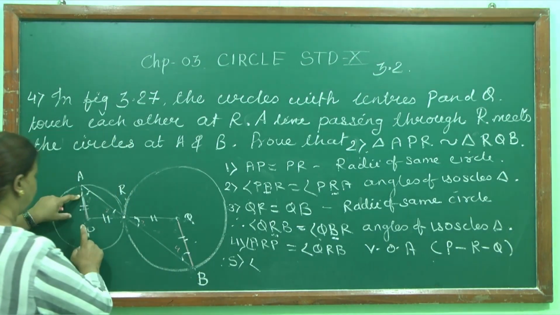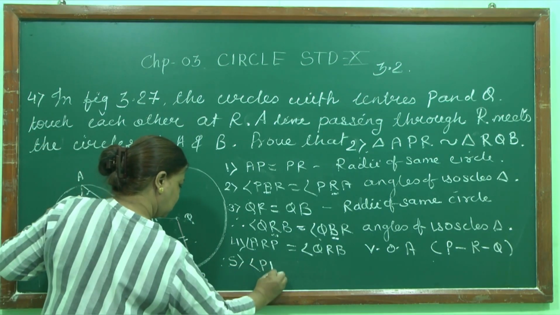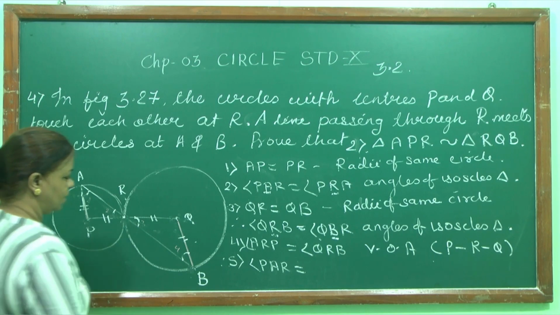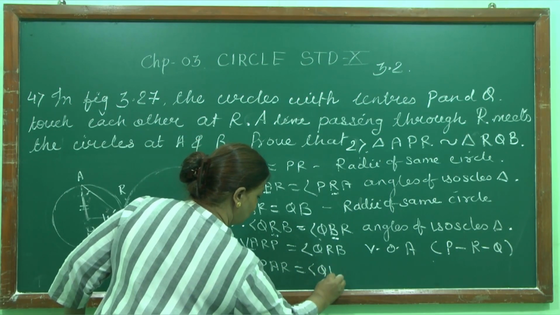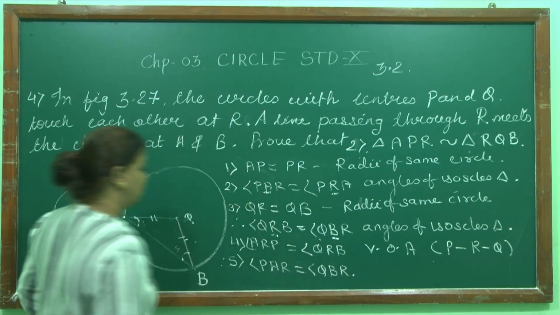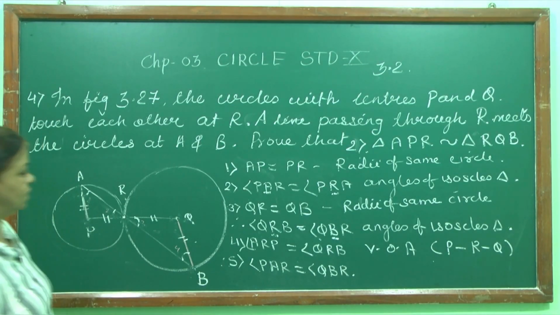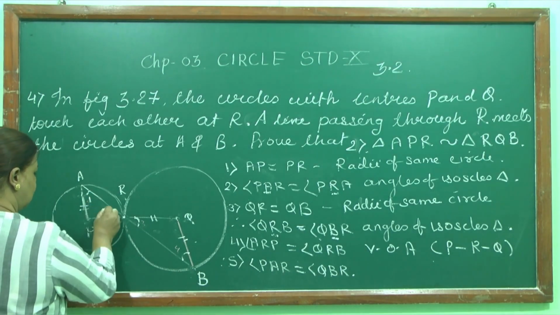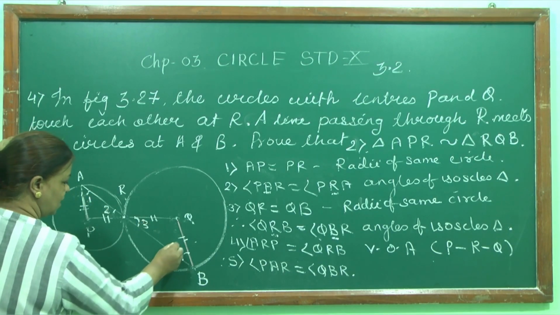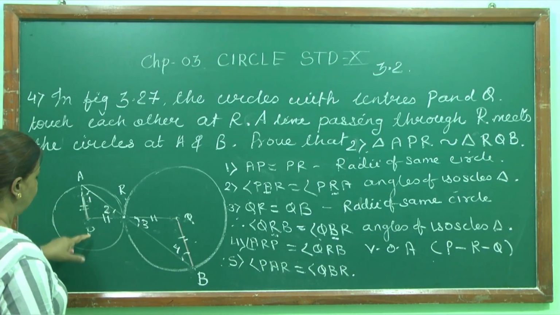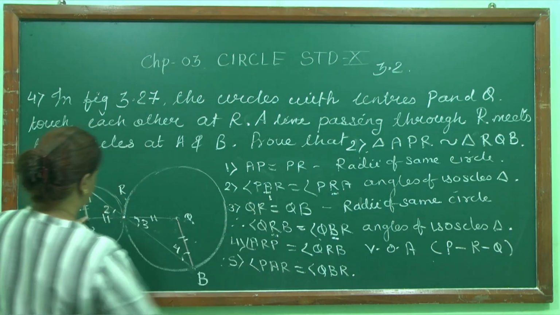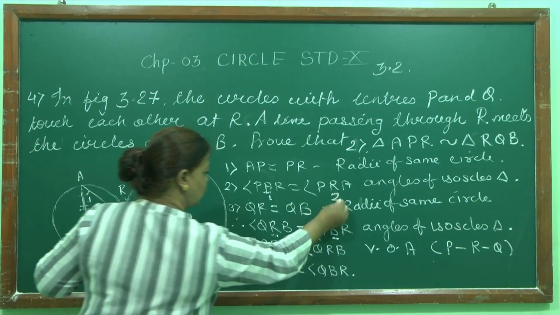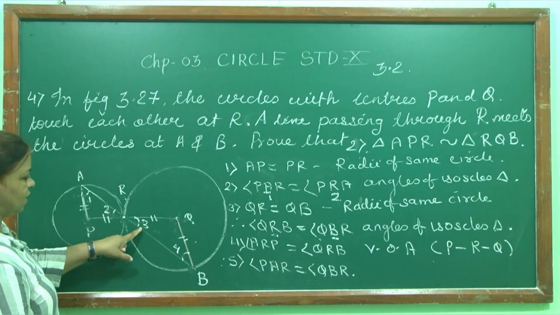Angle PAR is equal to angle QBR. From which points we got this? This is 1, this is 2, this is 3, this is 4. Let me write here. PAR is 1, this is 2, this angle is 3.